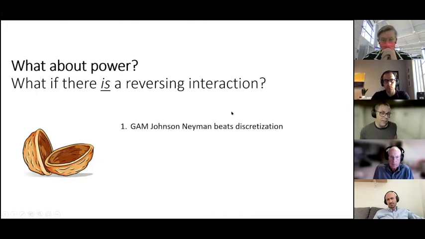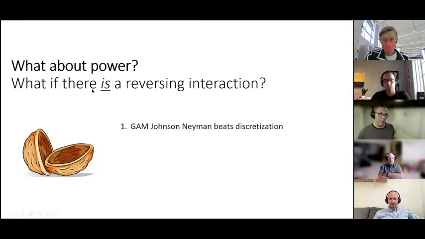I haven't found a paper that made this point, which is, even though it's underpowered for testing an interaction, at least it's not biased by the nonlinearity. So that's a good thing about it. You won't get the wrong sign with the median split, but GAM Johnson-Neyman will beat it. So that's a nice thing to know.